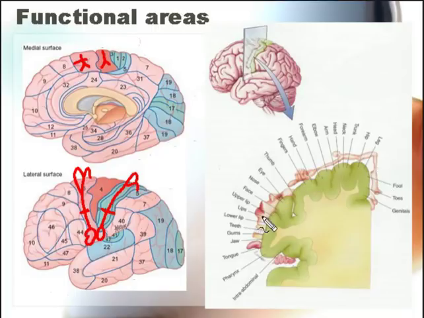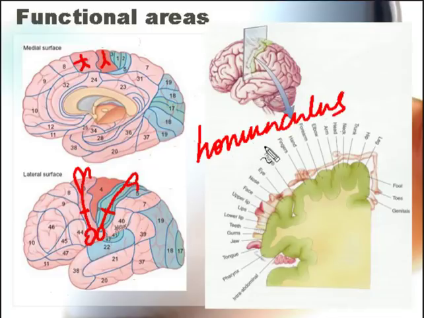When I say disproportionate, I mean disproportionate to what the body really looks like. So the homunculus tells you how the body is represented proportionally on the cortical surface, and the proportion given to a body area depends on its function rather than its size.